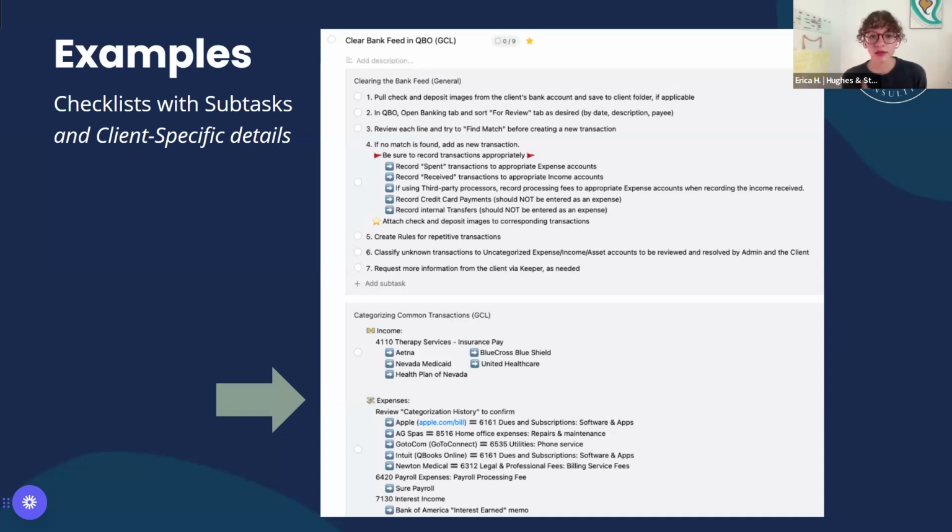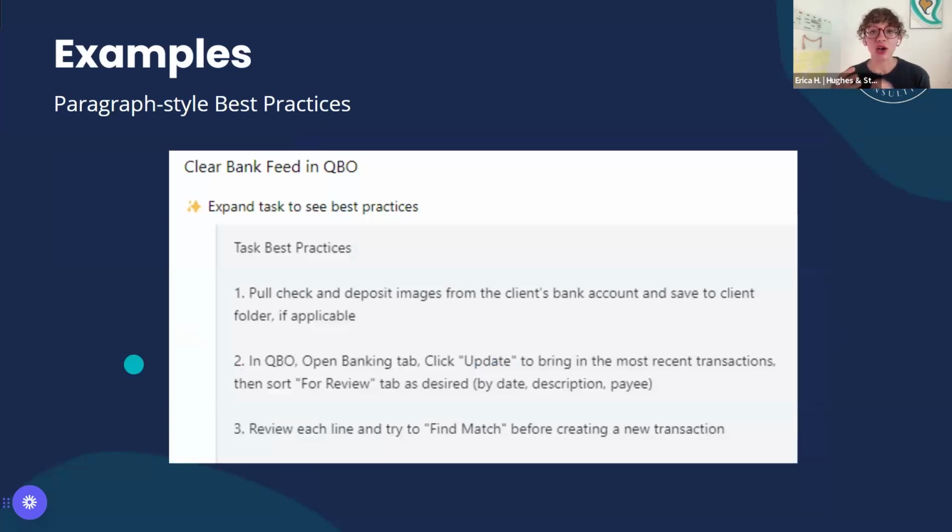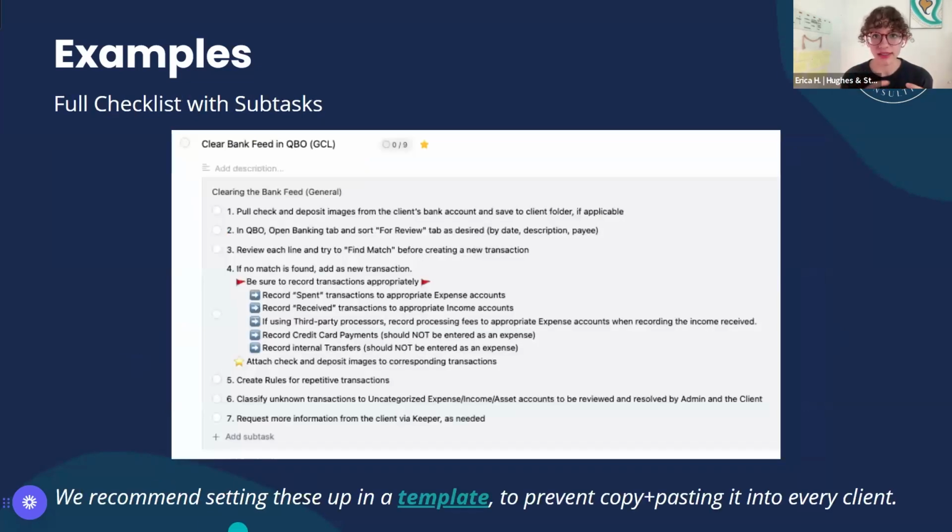This seems a little bit intimidating to think, oh my gosh, I have to copy and paste the general checklist and do a custom one for this client. This is where we really love templates, because templates can give us that general checklist and apply it to multiple clients without having to copy and paste every single checklist.